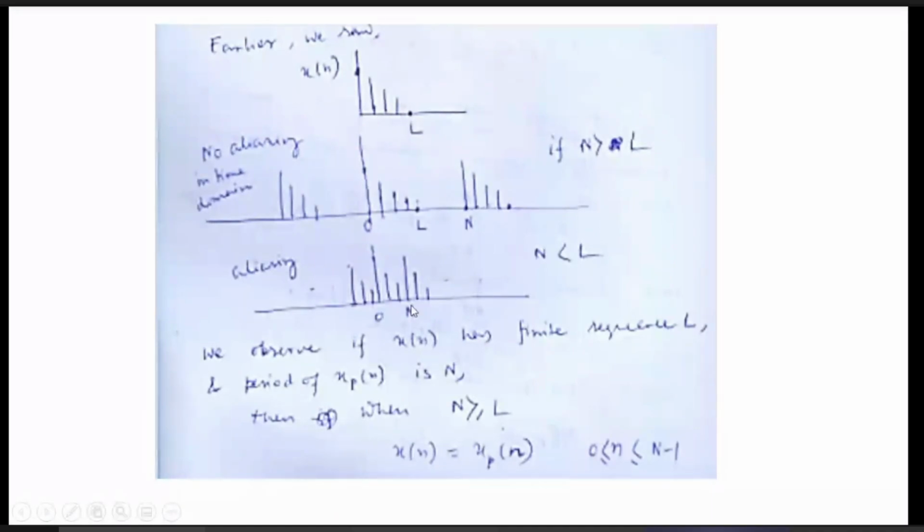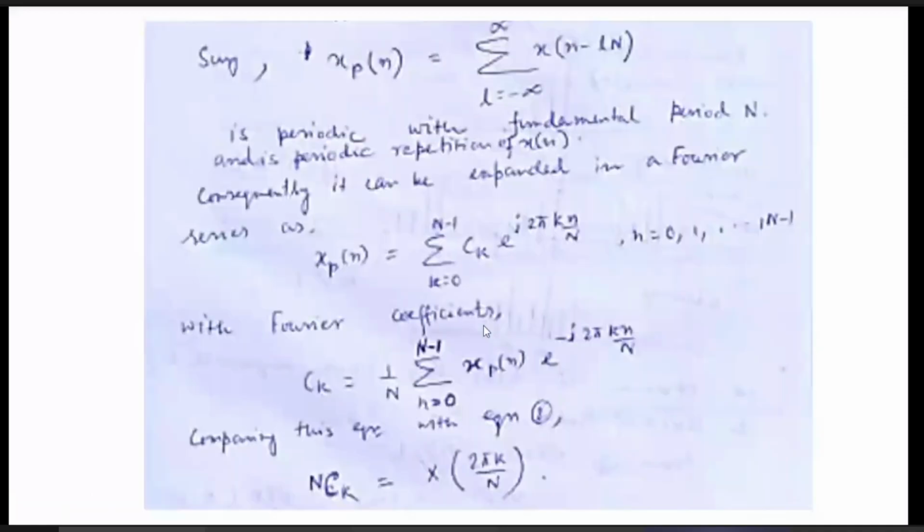So what we finally understand is that after sampling the frequency domain signal, and again taking those samples, we take the inverse Fourier transform representation.